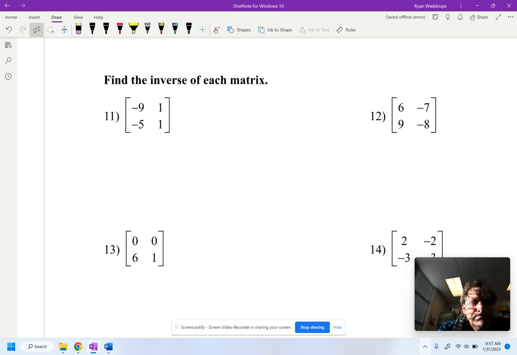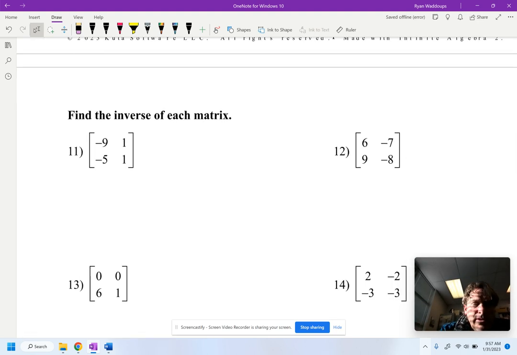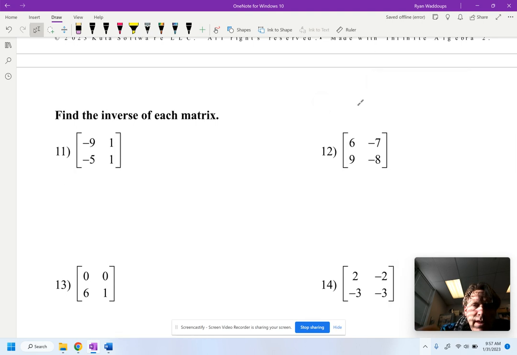So the inverse of a 2 by 2 matrix is 1 over the determinant times, if the original matrix was, let's say, A, B, C, and D, we take A and D, those two spots, and we switch them.